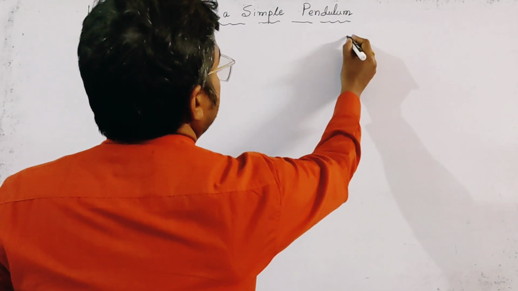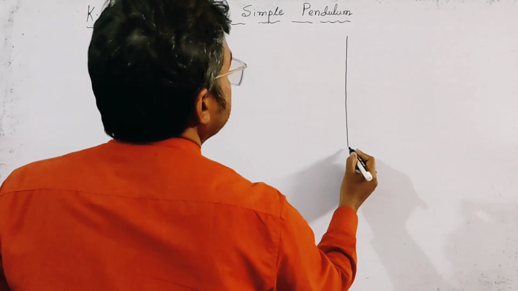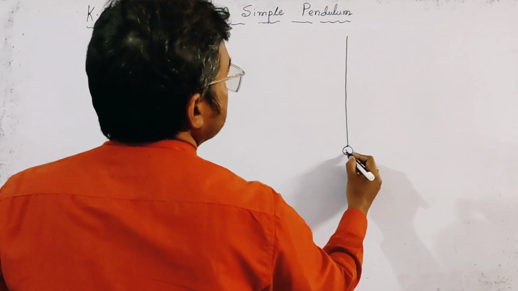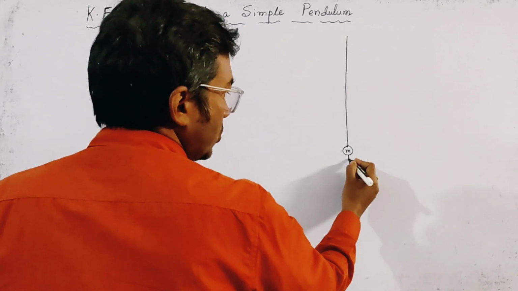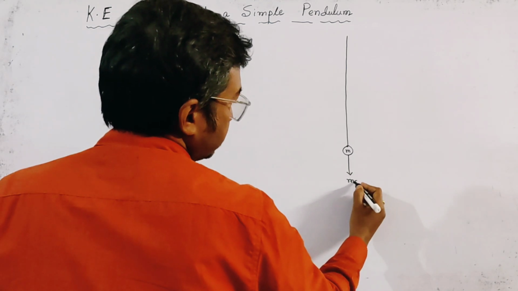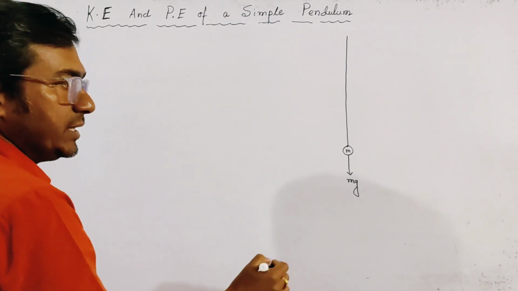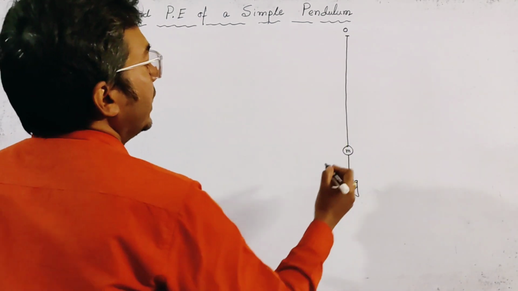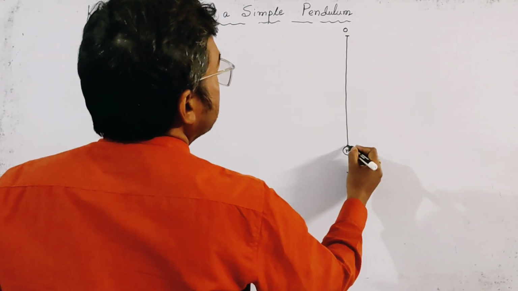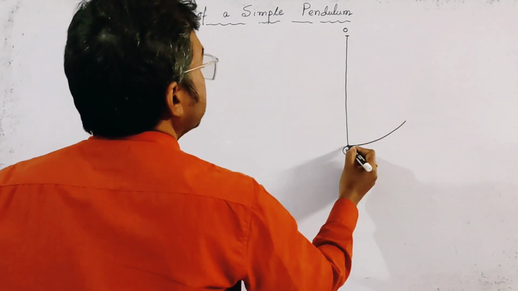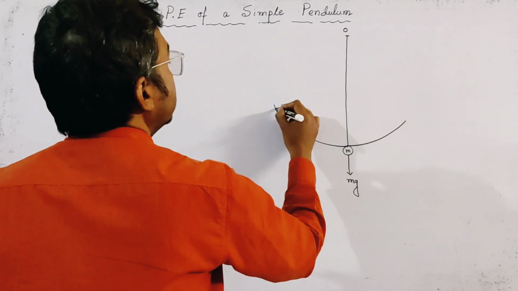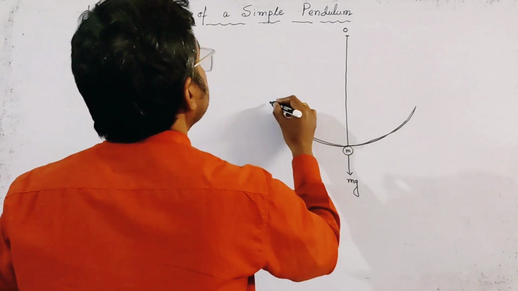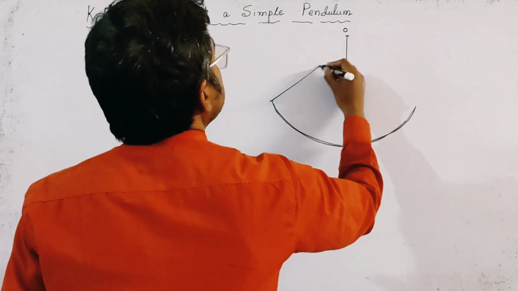This is the fixed end, and here the particle is attached. Let the mass of the particle be m, so the weight is mg. This is the vertical position, and let the fixed point be O. Then this pendulum moves like this and makes a circle in the vertical plane.